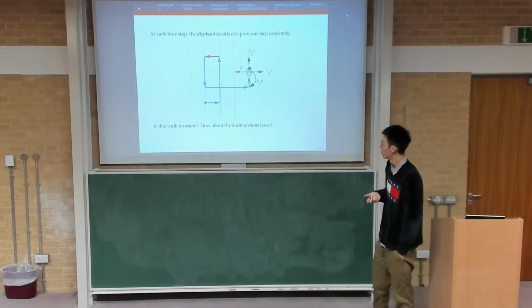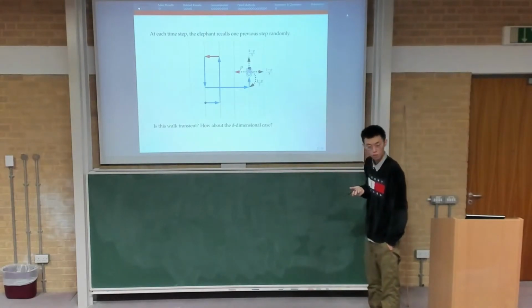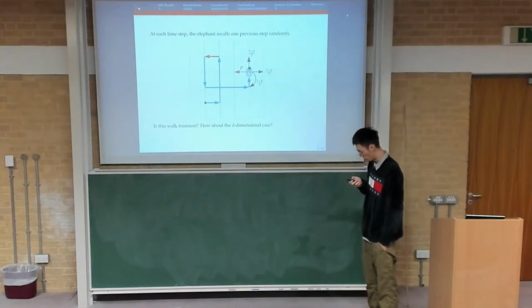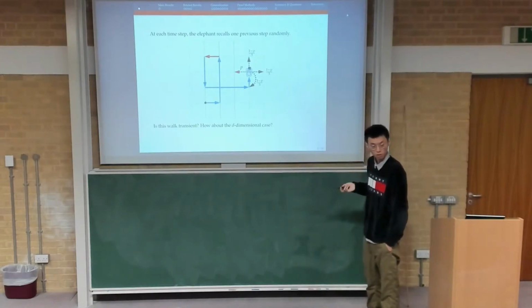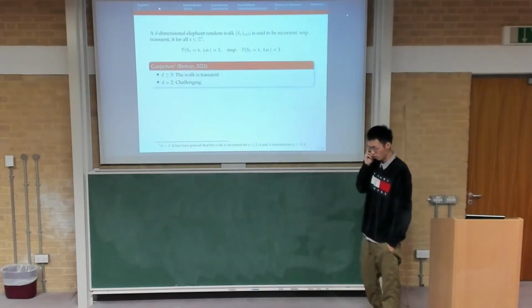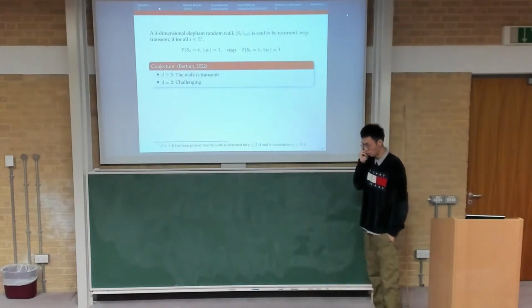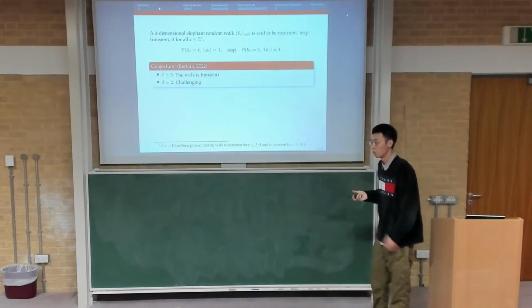Okay, so one of the basic questions on this model is whether it is recurrent or transient. But this is a non-Markovian random walk, so one needs to define what recurrence and transience mean. For this model, we can use the usual Markov chain definition.